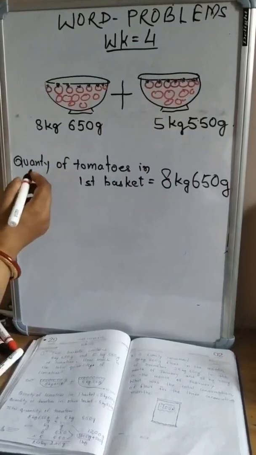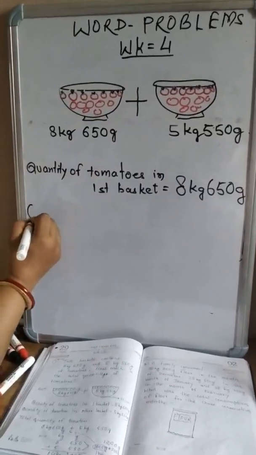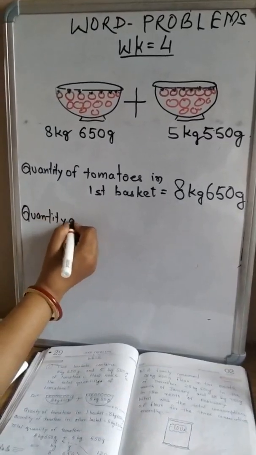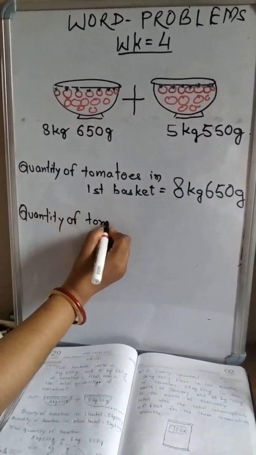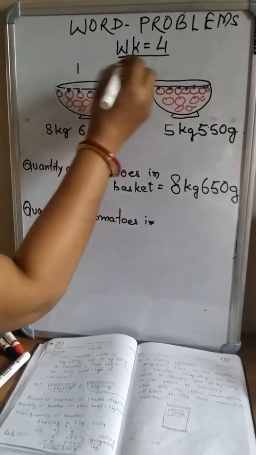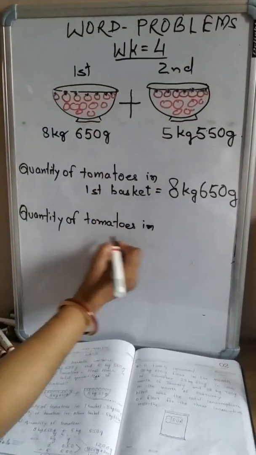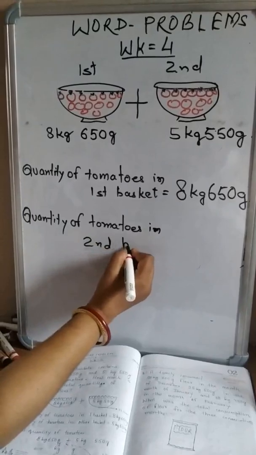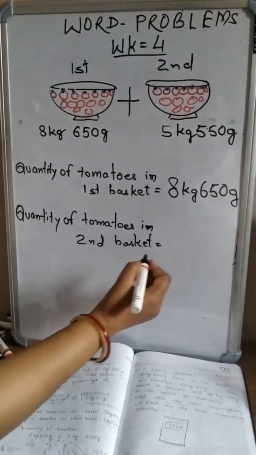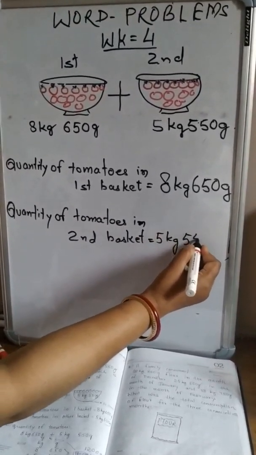Okay, and then the quantity of tomatoes in the second basket is equal to 5 kilogram 550 gram.